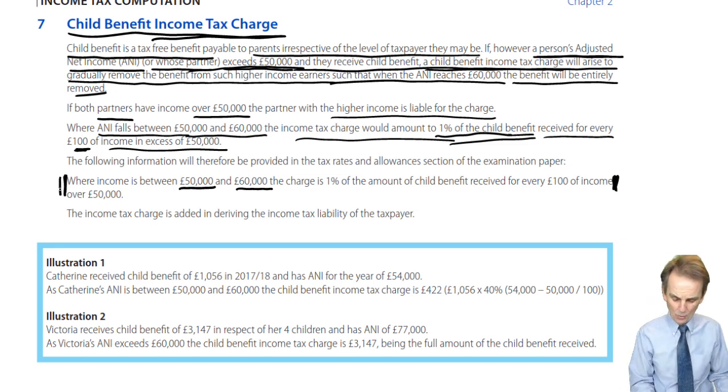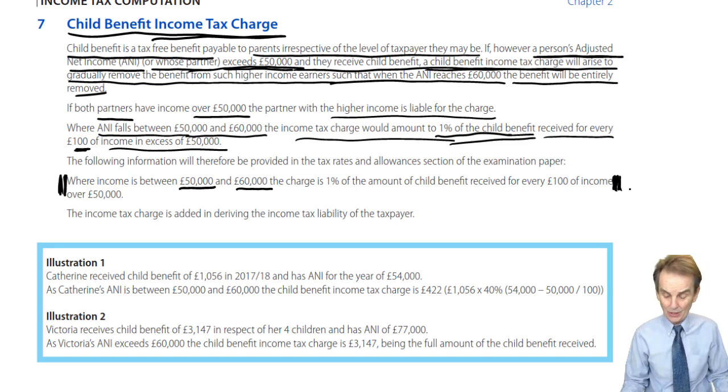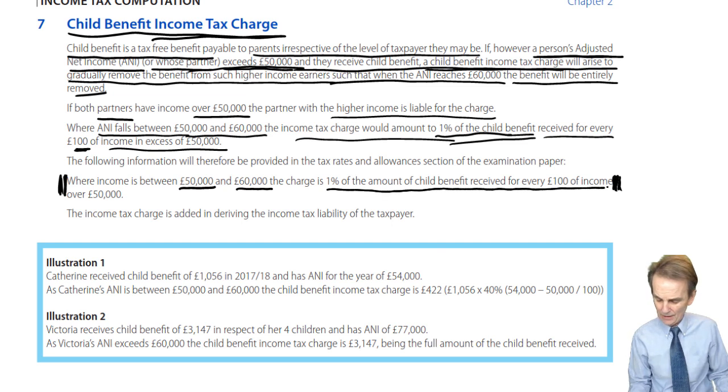If I take you back to what's provided on your rates and allowances, again that information is given to you. Where income is between 50 and 60, the charge is 1% of the amount of the child benefit received for every £100 of income over £50,000.